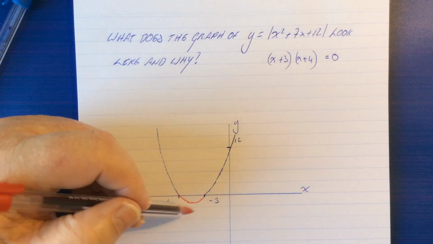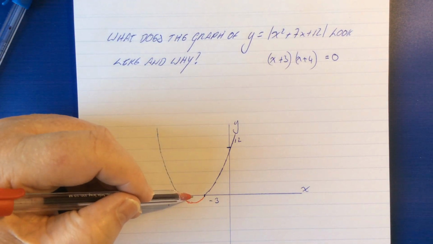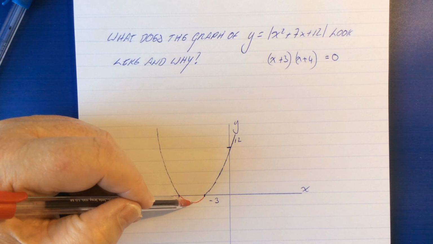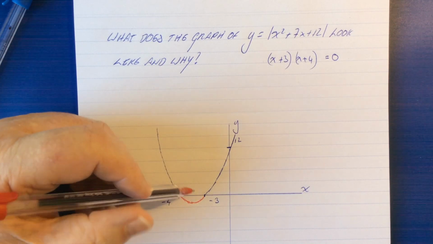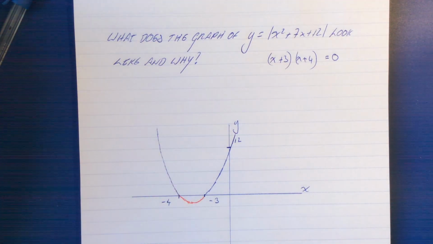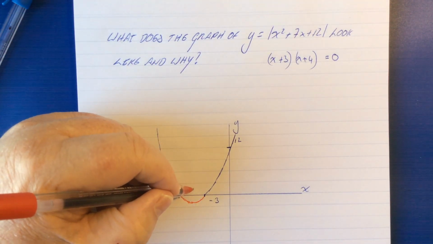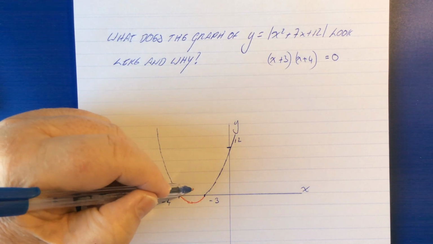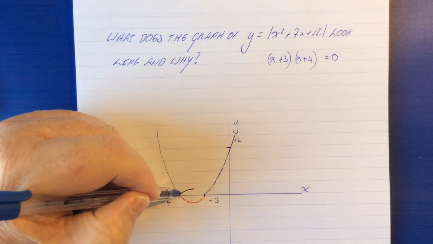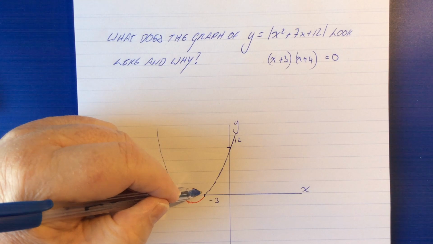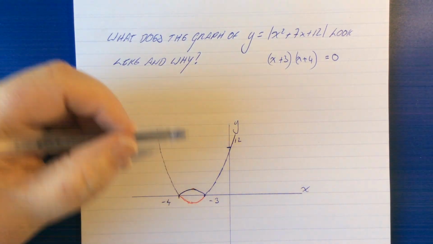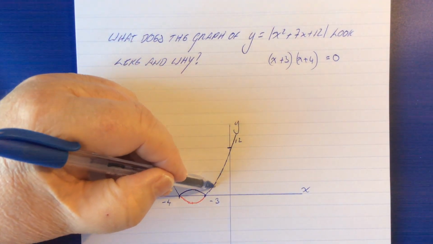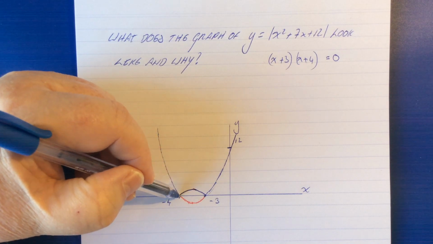Now, what is the distance from 0 of this point? Well, it's a positive value. So what ends up happening is the negative values of y are translated, for want of a better term, into something positive. And our graph looks like this.